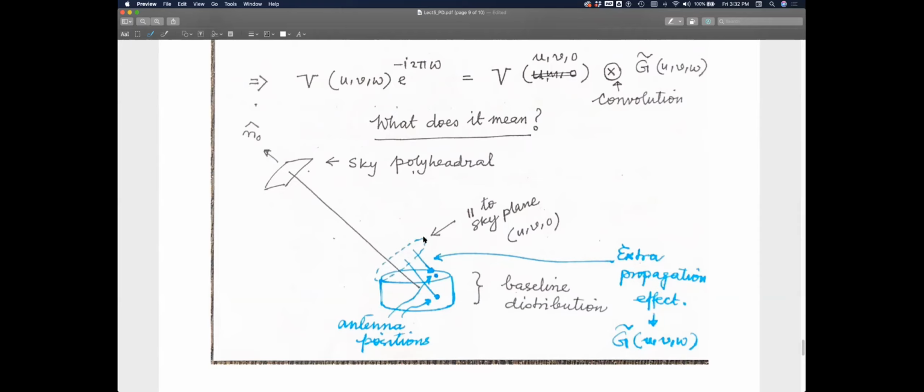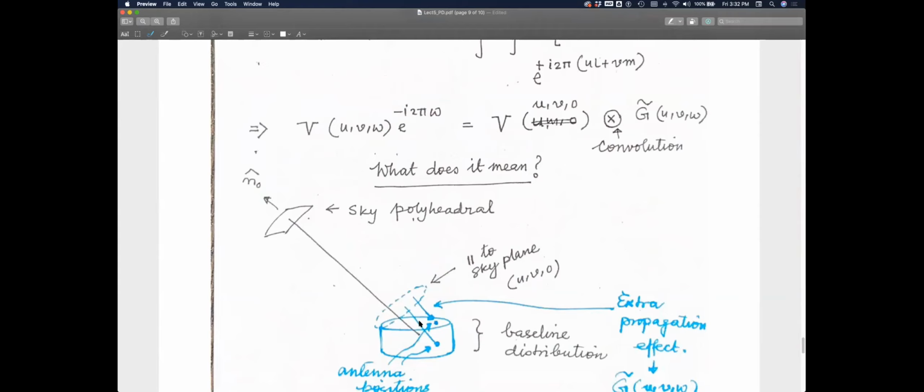So if I consider a plane parallel to the sky with respect to this, remember that w is something that changes in the direction of the phase center. So in this direction, the w is 0. Now this visibility, at u, v and 0, if I choose w equals 0 in this plane, then this visibility u, v, 0 is measured here.